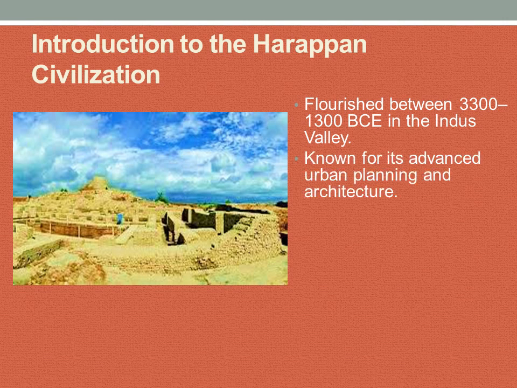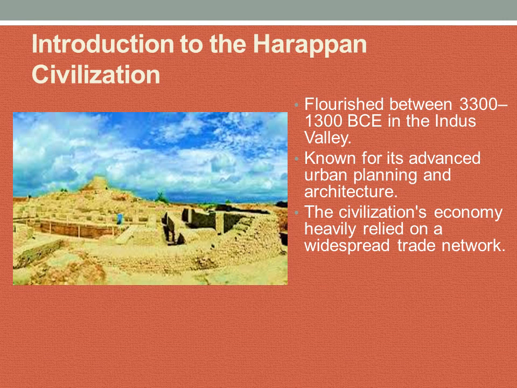It is known for its advanced urban planning and architecture. All the major sites of Indus Valley Civilization like Mohenjodaro, Harappa, Kalibangan, Banawali, Rakhigarhi have a specific type of urban planning and architecture which is very much a type of Indus Valley architecture.